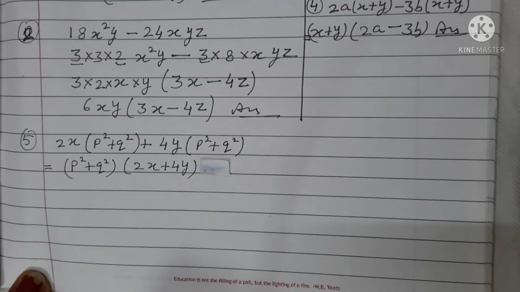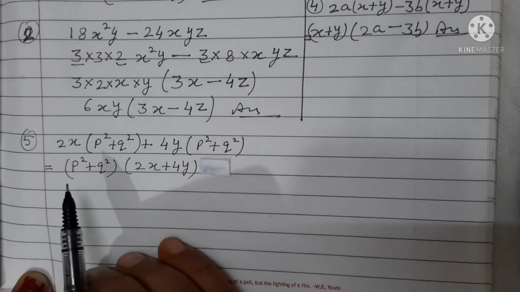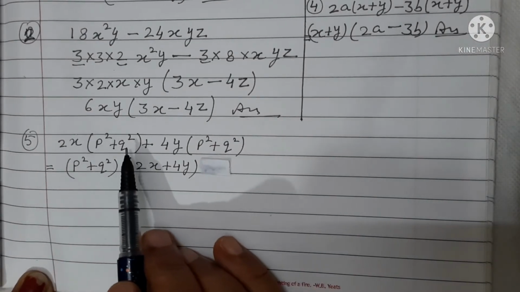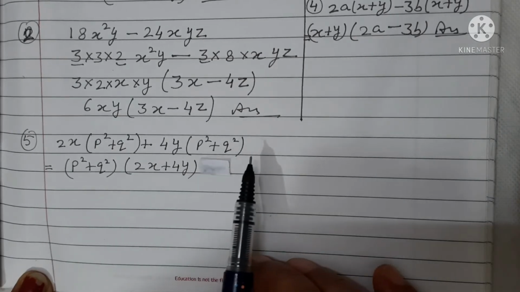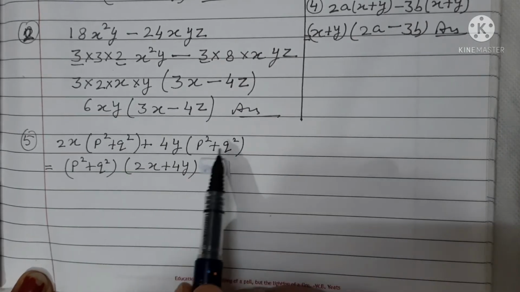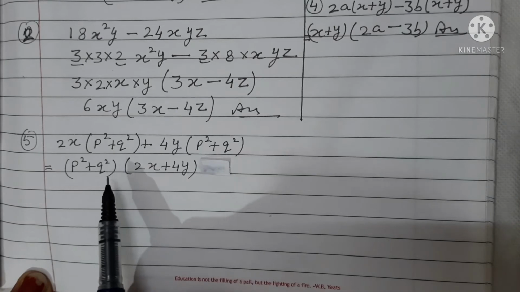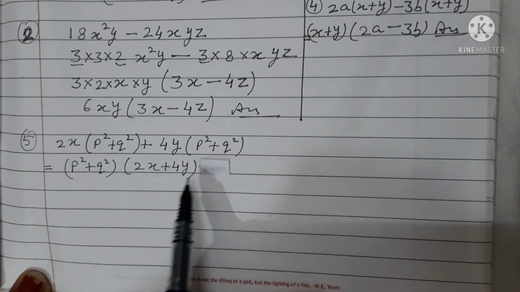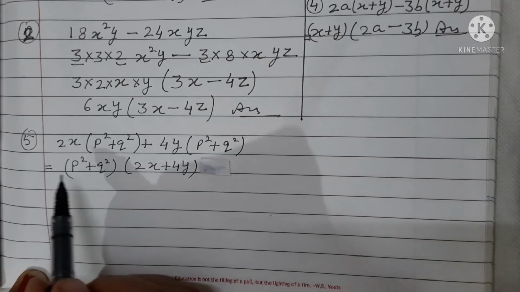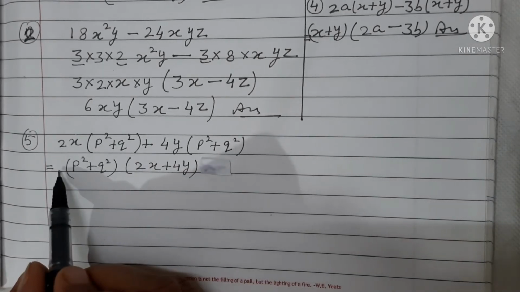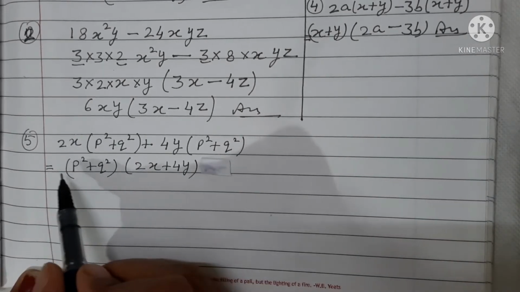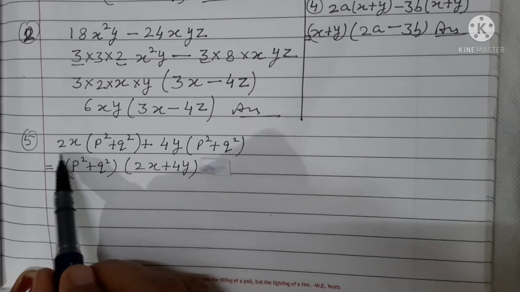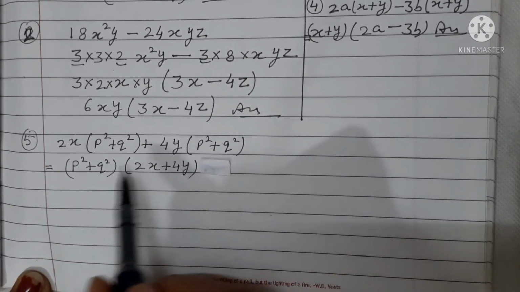Next question. For question number 5, 2x(p² + q²) + 4y(p² + q²). You are taking (p² + q²) out common, and the remaining is 2x + 4y. But students, you can take out 2 common from these terms in the starting.